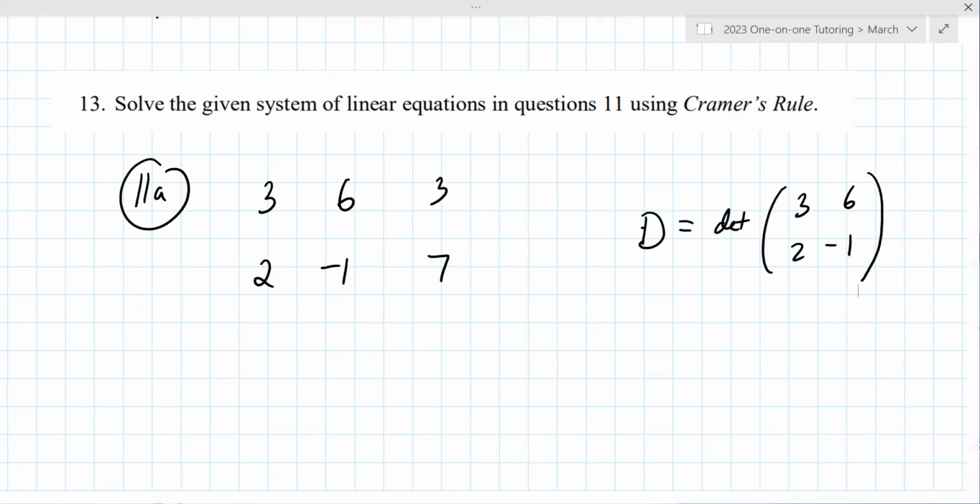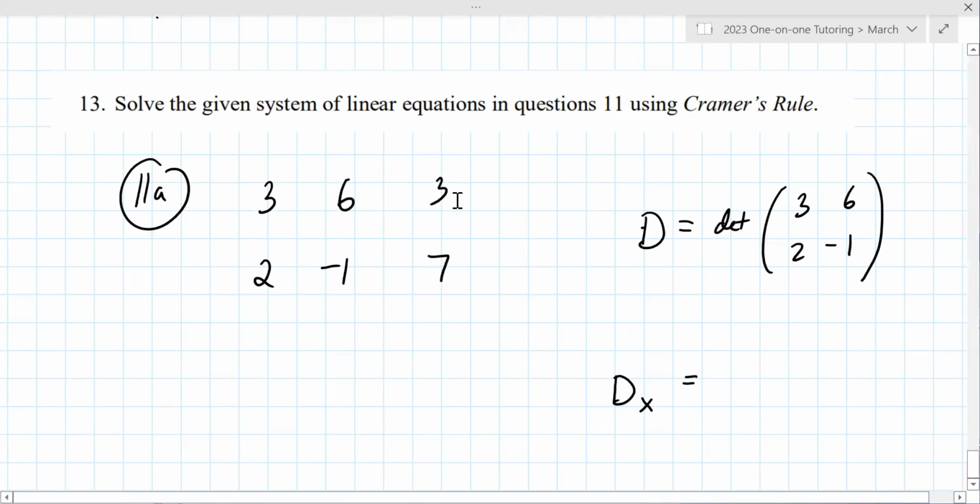You can get that number here. I'll get it for us in a moment. The next one you're going to calculate is dx. dx is taking the right hand side, this 3, 7, and replacing it where the 3 and the 2 are.